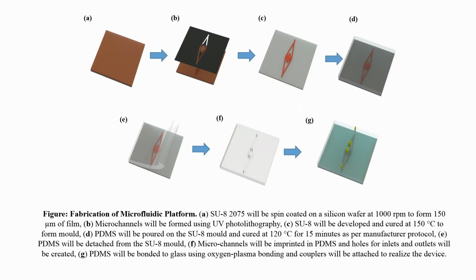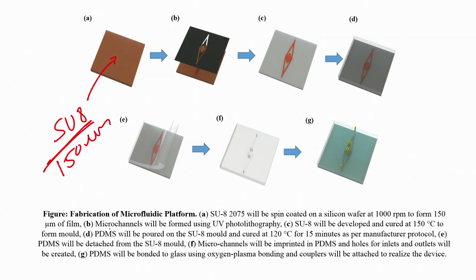So, you see here A is SU8 2075 will be spin coated on a silicon wafer at 1000 rpm to form a 150 micron film. So, if you see this one, this is SU8 spin coated on silicon wafer, and we have about 150 micron thick SU8 film.